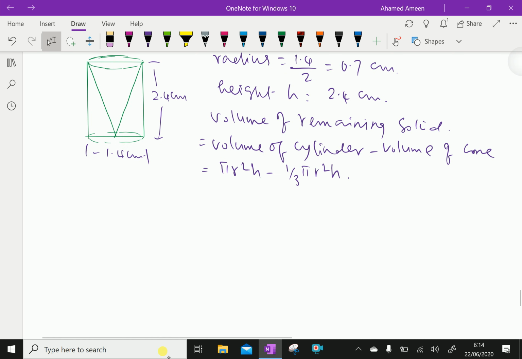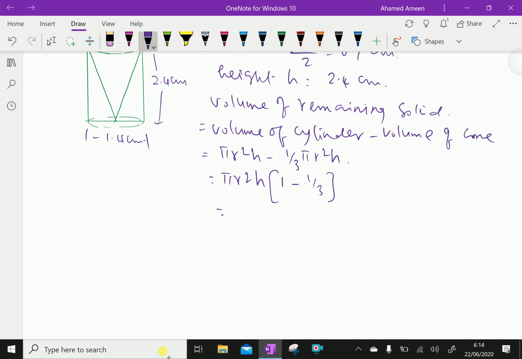Here pi r squared h common, 1 minus 1 by 3, because we are taking out pi r squared h as a common factor, which is equal 1 minus 1 by 3 is 2 by 3, 2 by 3 into pi r squared h.